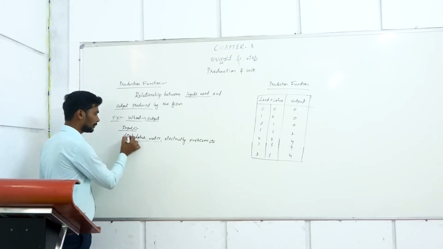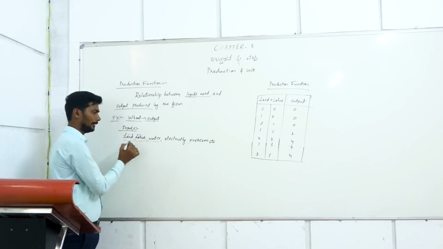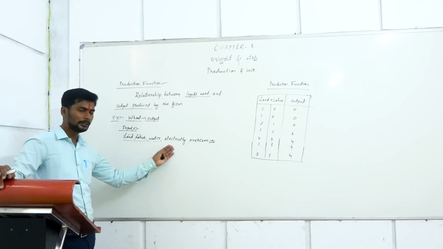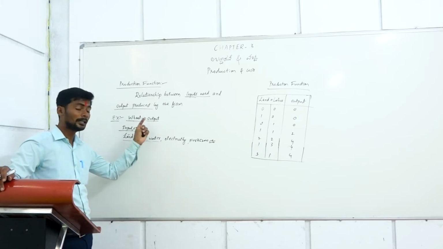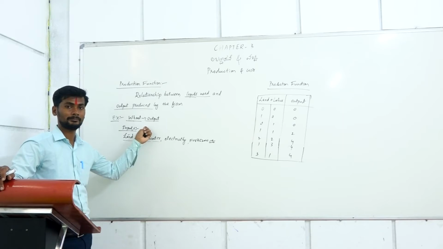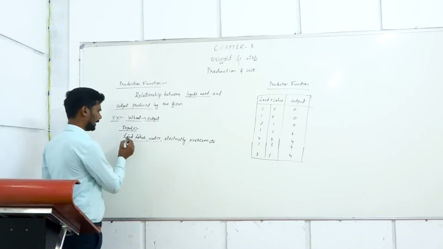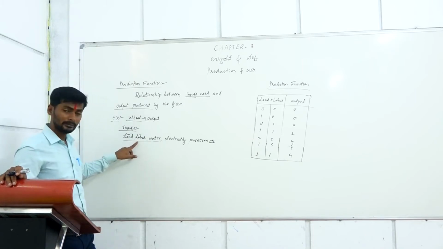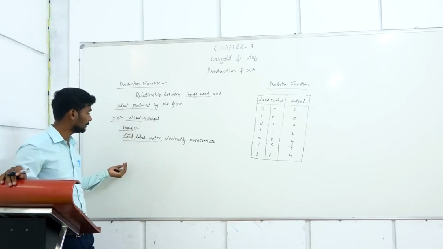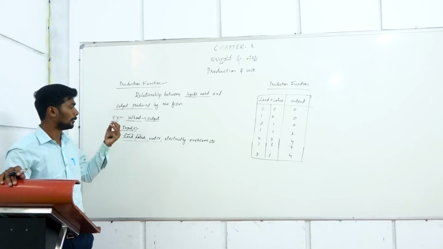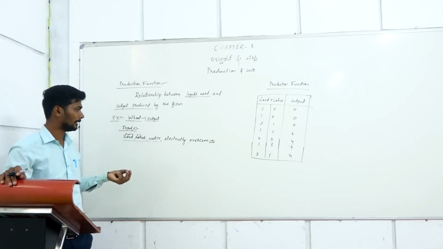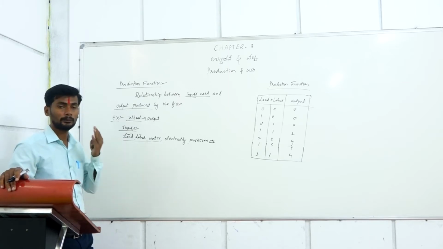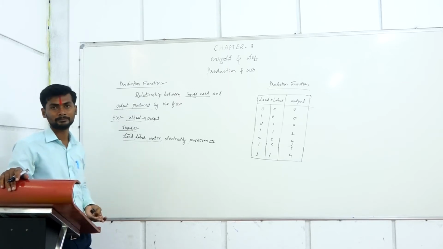If the use of inputs is increased, land, labor, water, electricity, fertilizers, if the amount of these inputs is increased, then output will also increase. If the amount of land is increased, the production of wheat will increase. And if labor increases and land increases and the amount of water, electricity and fertilizers increase as per requirement, then the output level will also increase.